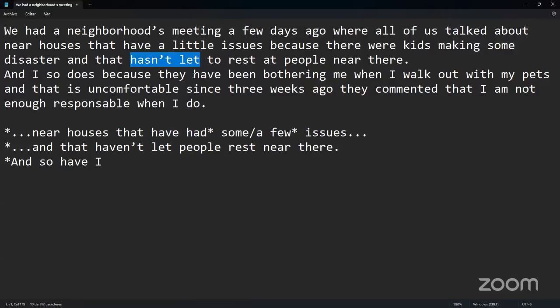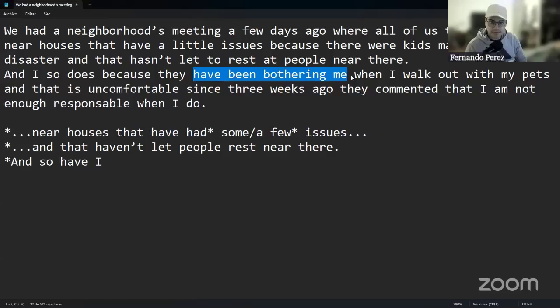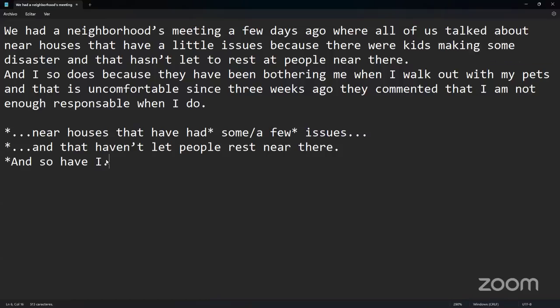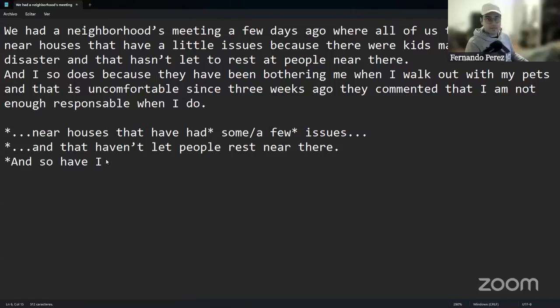And people have been bothering you. So literally all the structures are have plus participle. The correct form is so have I, not do. And so have I. Because the rest of the structures are have. You are not talking in present. So do I is present.